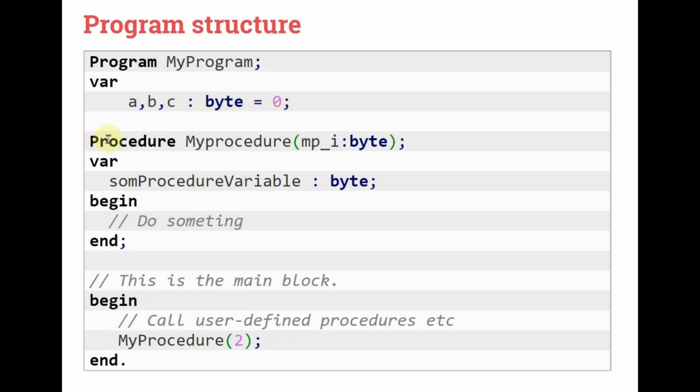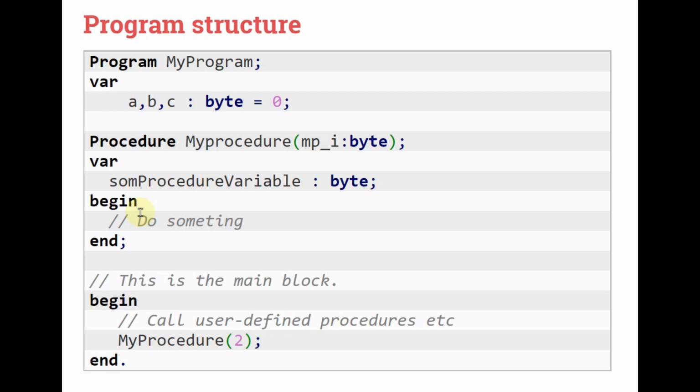The procedure: you declare procedures in your program. The basic way of doing it is procedure, your procedure name, and some parameters, and it also ends with a semicolon. Then you have the local variables for the procedure, which also end with a semicolon.